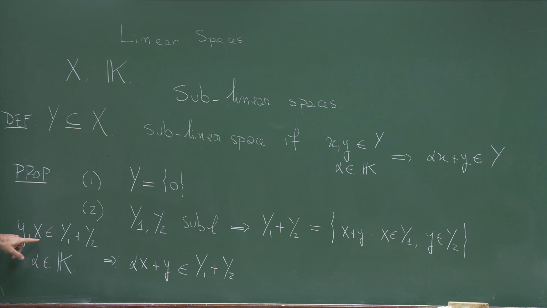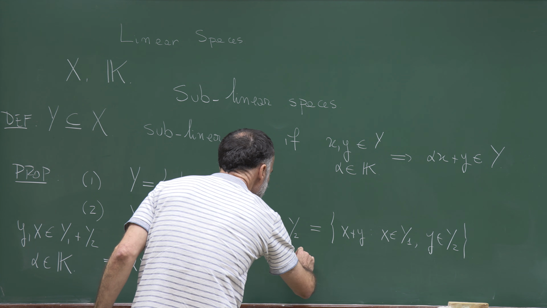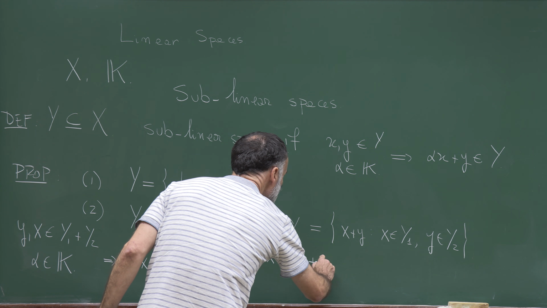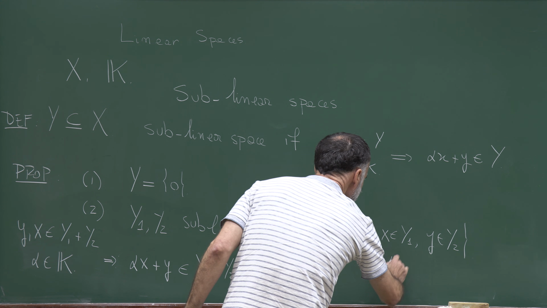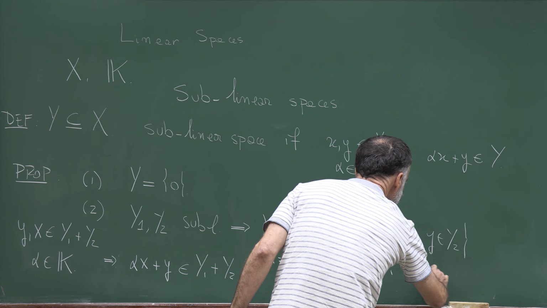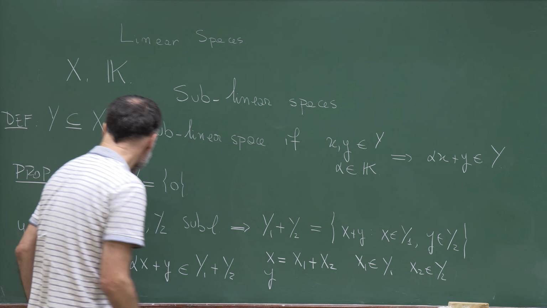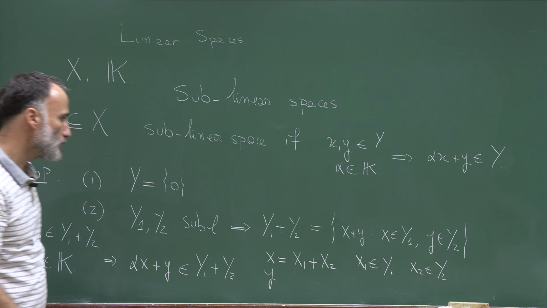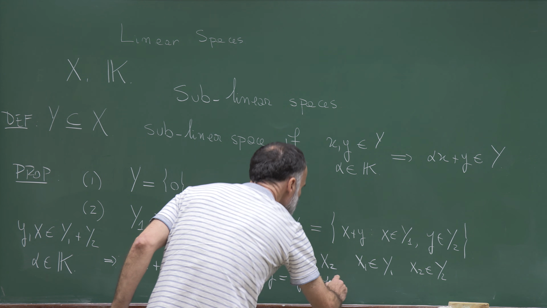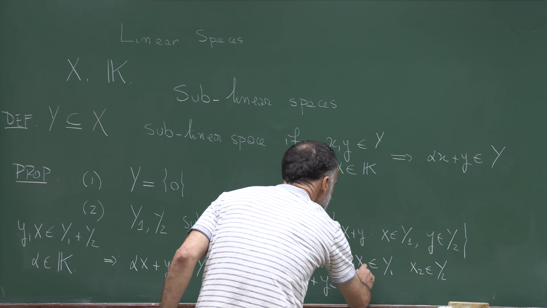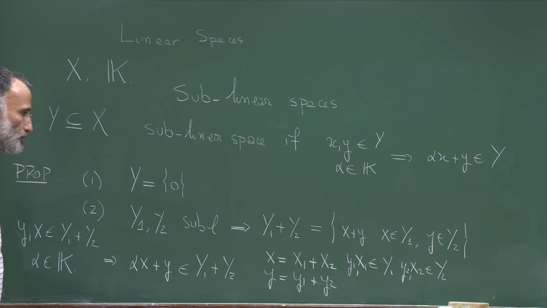Since x is an element of Y1 plus Y2, this means that x is equal, by definition, to x1 plus x2, where x1 belongs to Y1 and x2 belongs to Y2. In the same way, if y is an element of Y1 plus Y2, this means that y is equal to y1 plus y2, where y1 belongs to Y1 and y2 belongs to Y2.